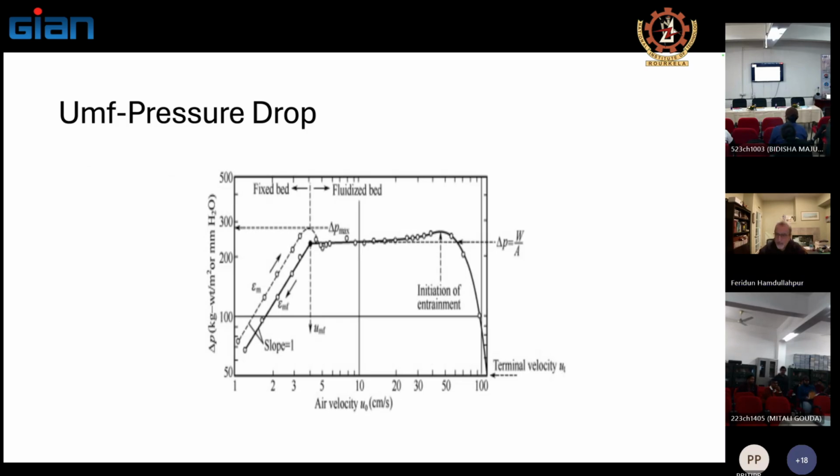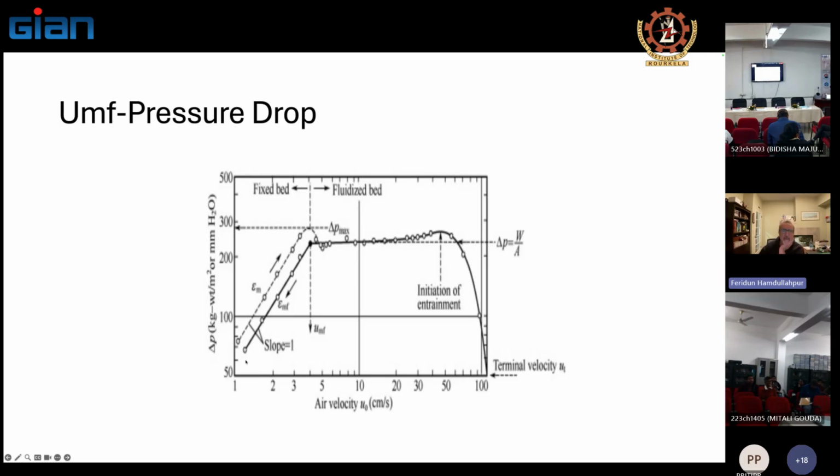So this is a very important graph. This is an experimental verification of a theoretical pressure drop versus air velocity curve, okay? And I'm going to walk you through this.